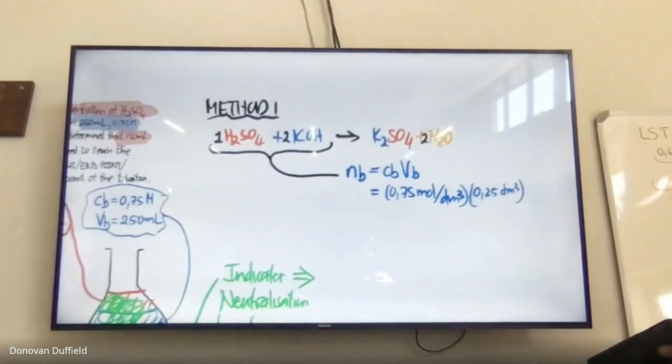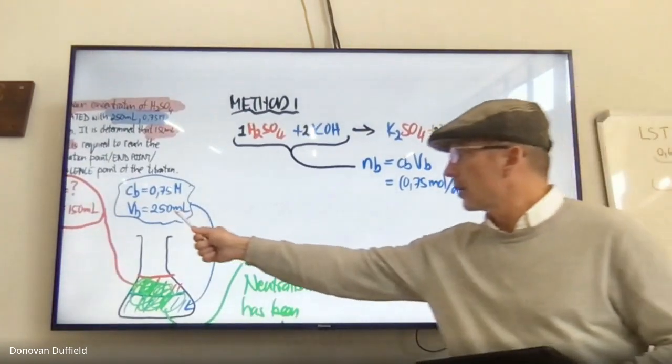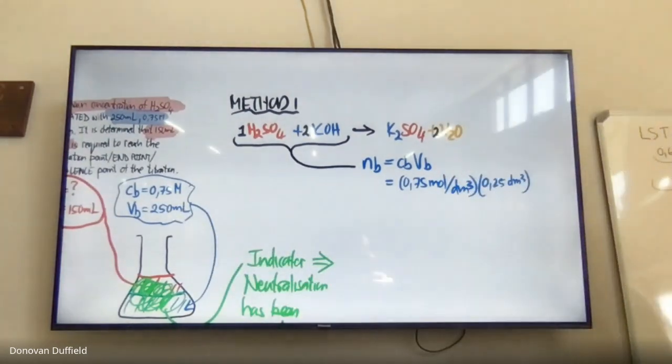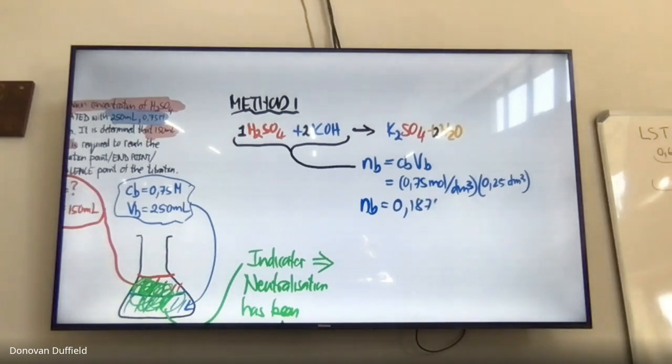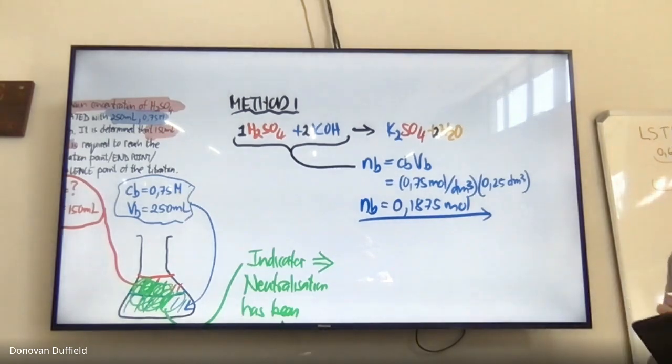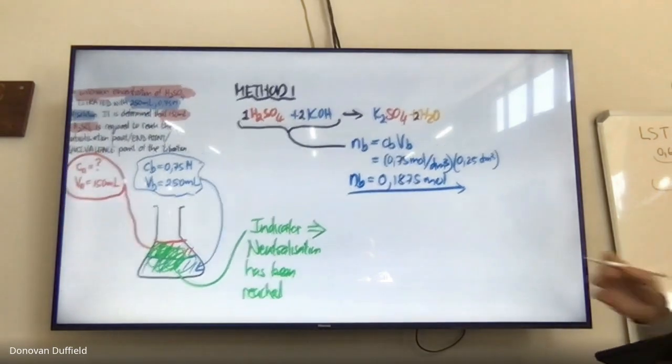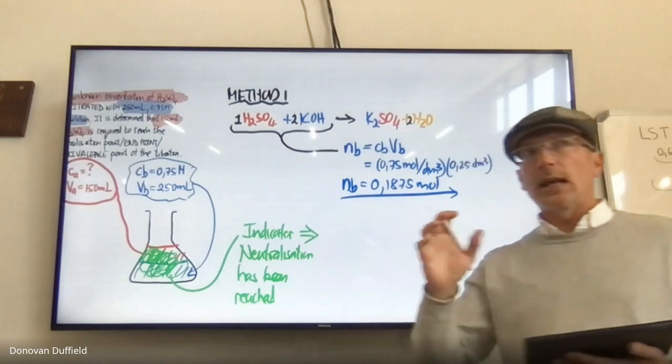We need to convert this to cubic decimeters. That gives us, if we take 0.75 times 0.25, and I'm going to work with the full complement of decimal places, 0.1875 mole. That's the amount of moles of KOH in that solution.